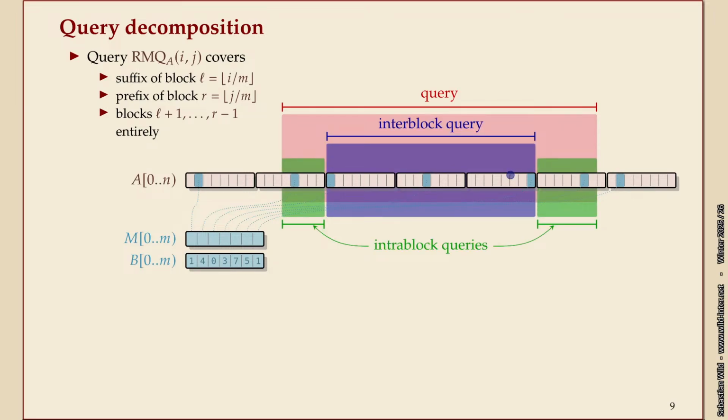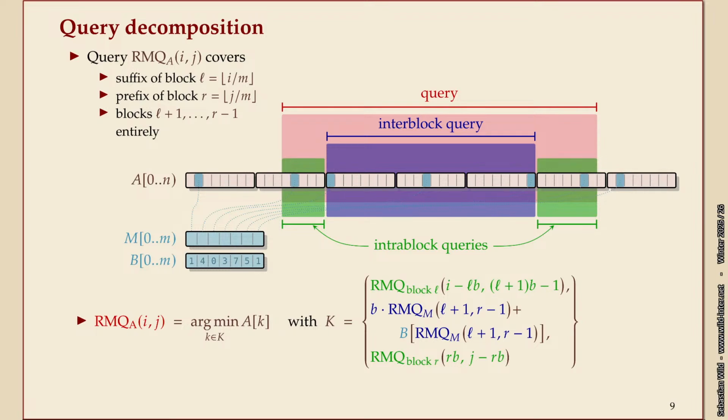There's going to be an interior range containing entire blocks. For that, we can use the light blue data structure to get which of all those block minima is the smallest. That's one candidate answer. And then we have 2 queries within blocks. In the simple version, we just scan those in linear time. But it's linear in the length of this green part, which is at most the block size, so at most log n.